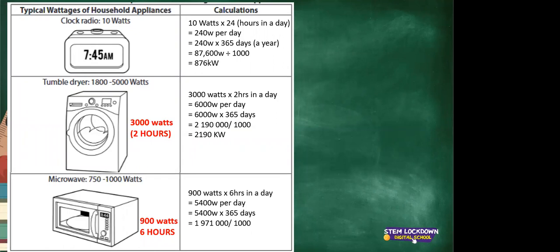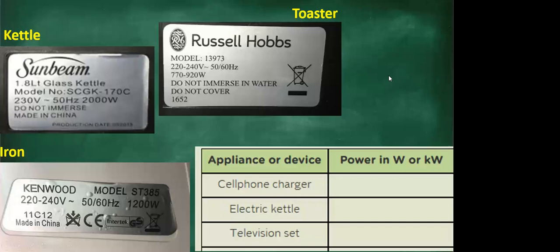We divide it by 1,000 to get how much we're using throughout the year in kilowatts, right? And we get 1,971. So that was basically calculations as to how we calculate kilowatts, just to find out how much of this energy we're actually utilizing in our homes. These were my examples that I had given you yesterday.